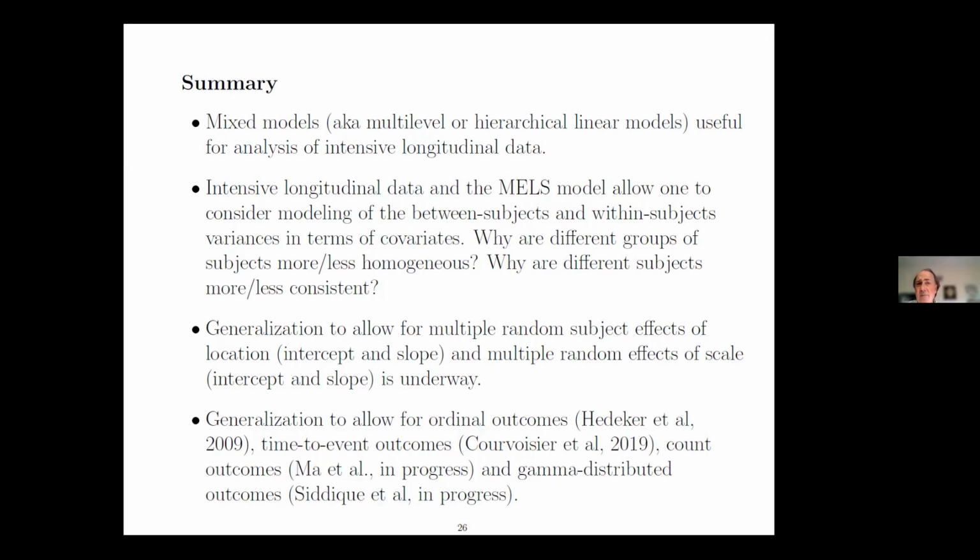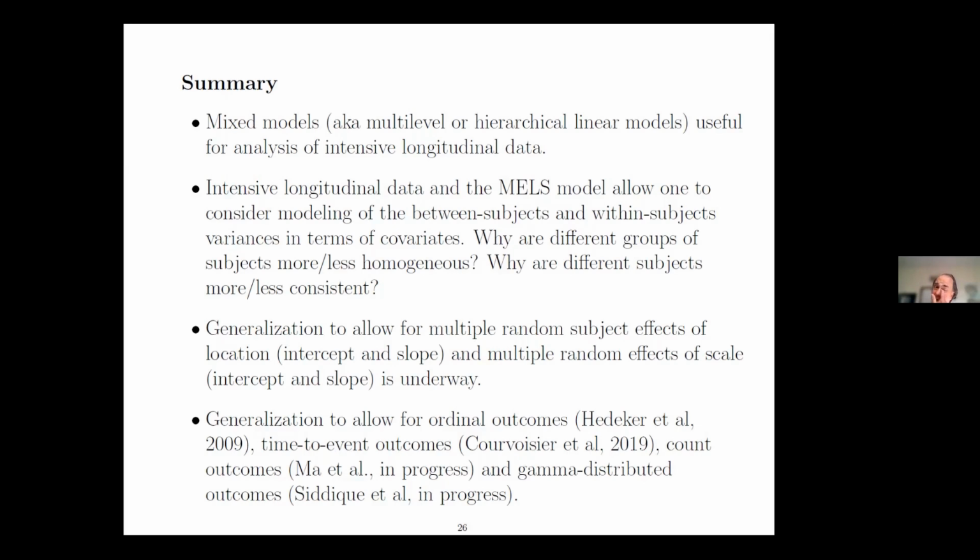You can consider modeling not just the mean, but the variances, the between and the within. And I think that these answer some interesting scientific questions that previously we might not have paid such close attention to. Why is it that different groups of subjects are more or less homogeneous? Why is it that different groups of subjects are more or less consistent? What covariates might explain those things?